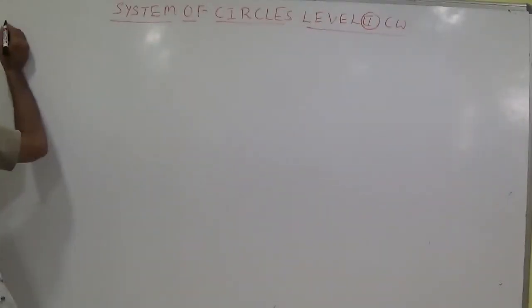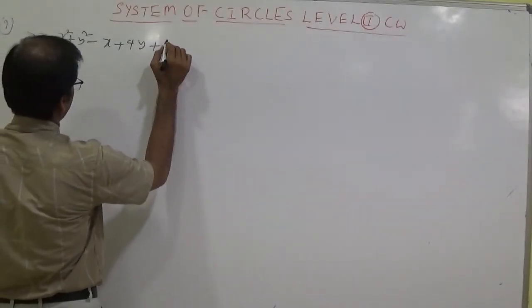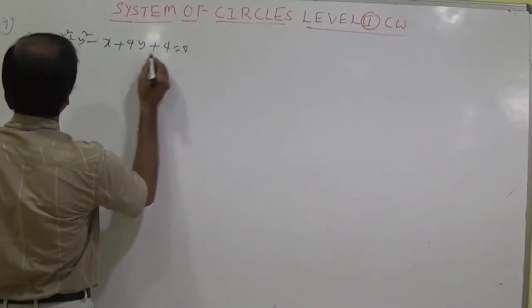Let us discuss the 9th question. S = x² + y² minus x plus 4y plus 4 equal to 0.